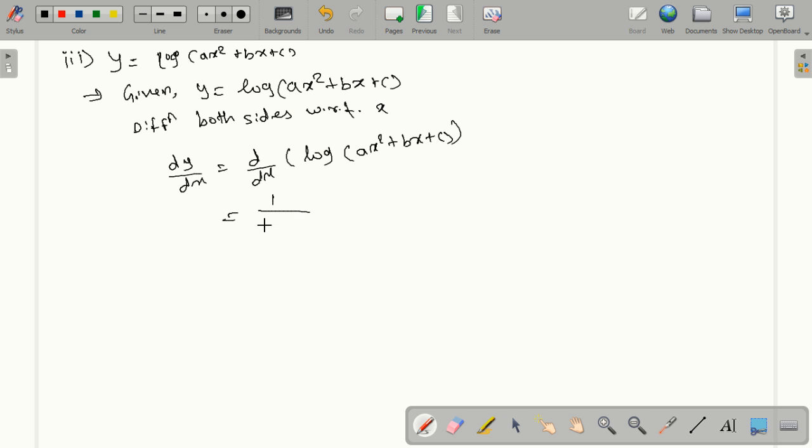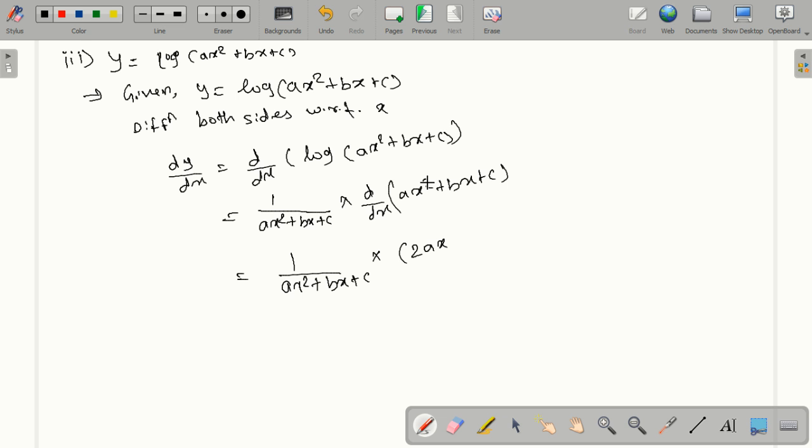This would be 1 upon ax square plus bx plus c, right? By chain rule, we need to again find the derivative of the inside part, which is ax square plus bx plus c. The derivative of this part, remember this is addition, so the derivative will apply to each term.